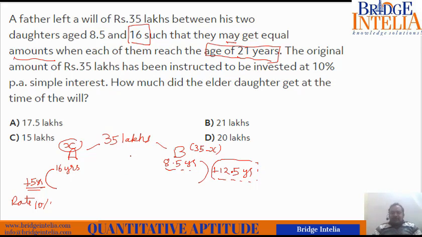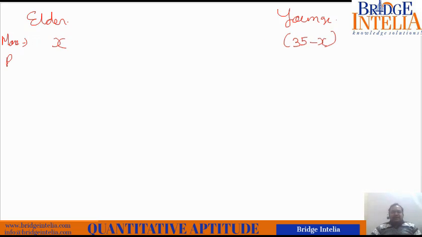So now let's put these values mathematically for the elder daughter and the younger daughter. Money: X for the elder, and the remaining money given to the younger daughter, 35 minus X. Rate: for both, the rate is 10% only.